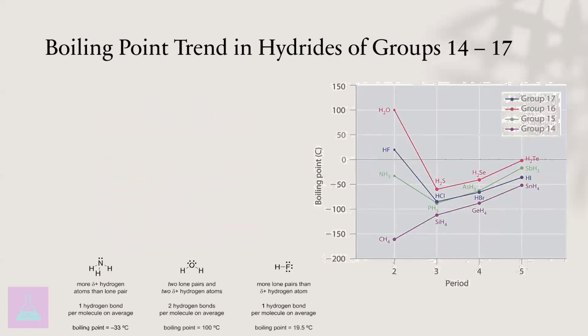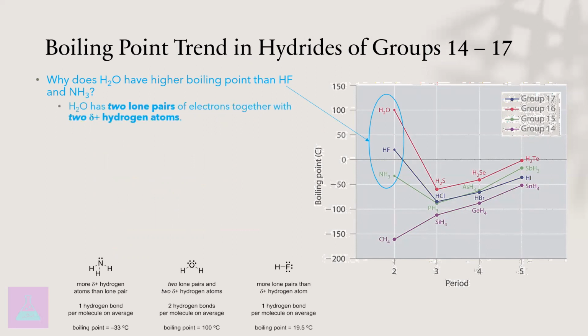And the second question that we asked ourselves was, why does water have a higher boiling point than hydrogen fluoride and ammonia? In the case of water, you see that it has two lone pairs as well as two delta plus hydrogen atoms, right?